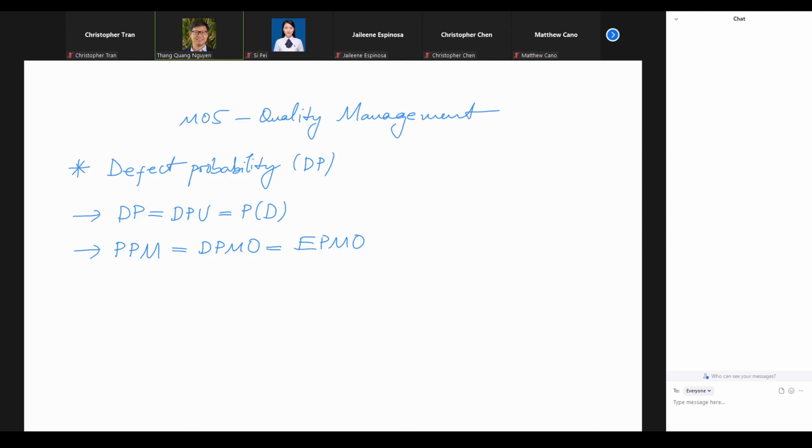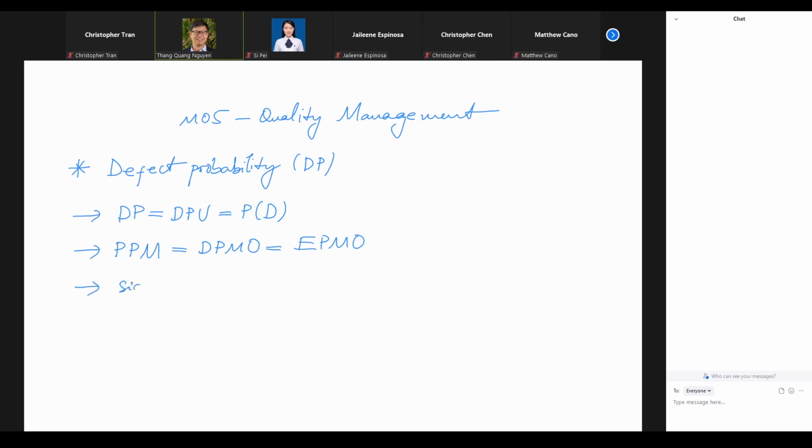So in that case, we would like to call that PEPMO rather than DPMO. But regardless of what we call it, they tell us the same thing: out of 1 million units, how many units are affected, or with errors.